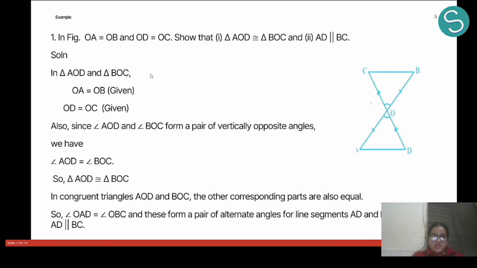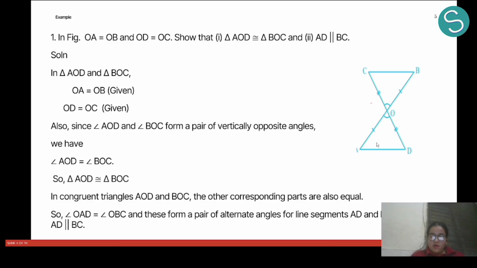Now a few questions. The first question is, in the figure, OA equals OB, OD equals OC, and angle COB equals angle AOD. So these three things are given to us, and these angles are equal because these are intersecting lines.